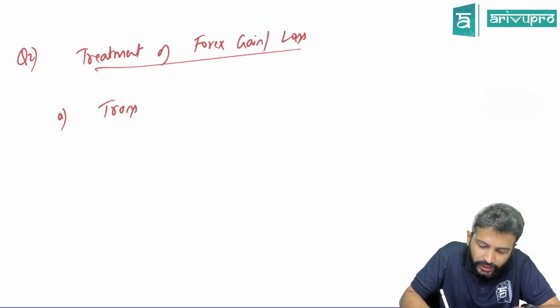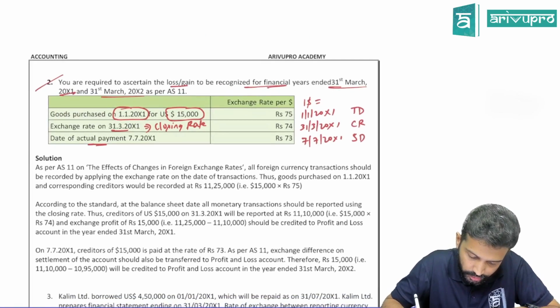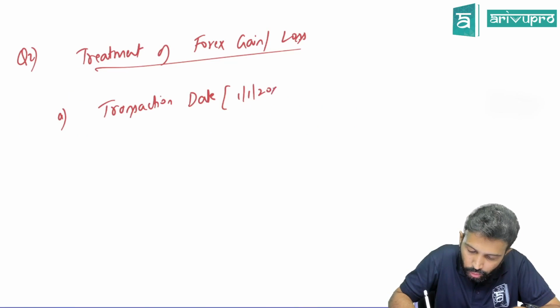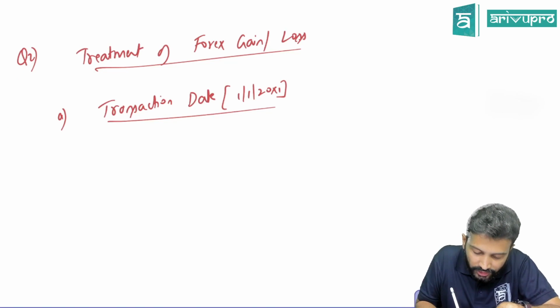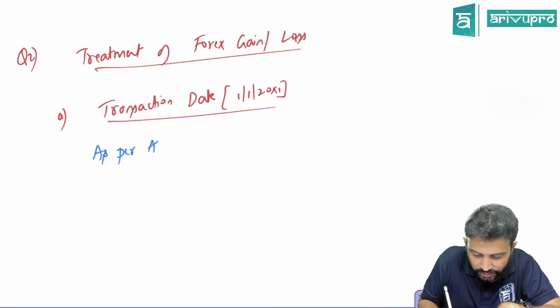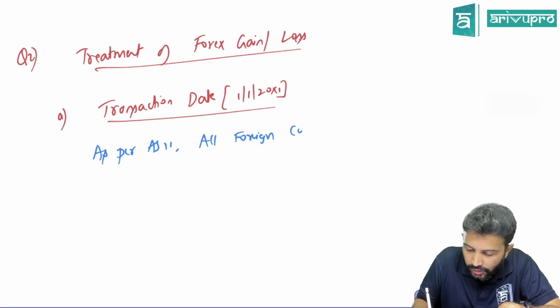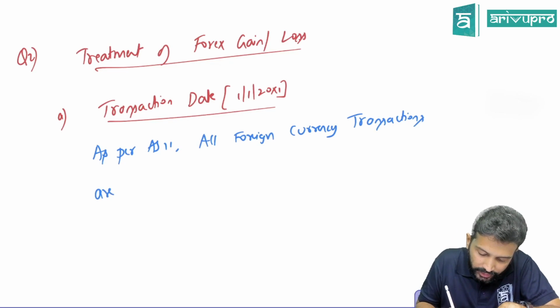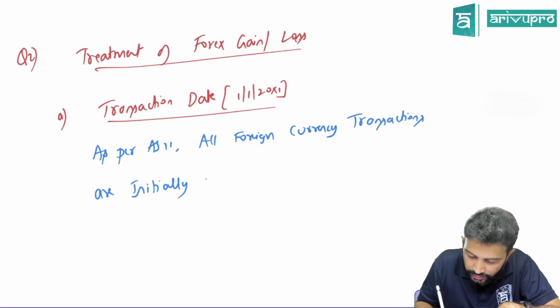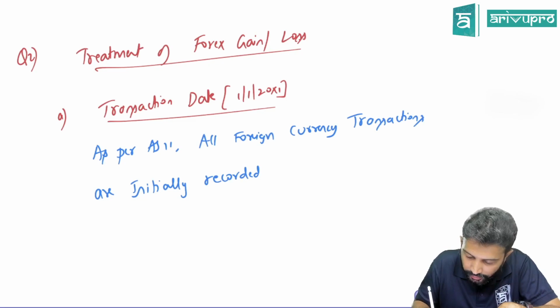First, transaction date. What is the transaction date here in this particular question? 1st January 20x1. What does AS 11 say? As per AS 11, all foreign currency transactions are initially recorded at what rate?